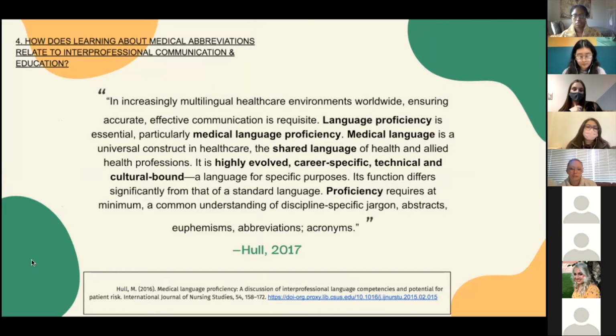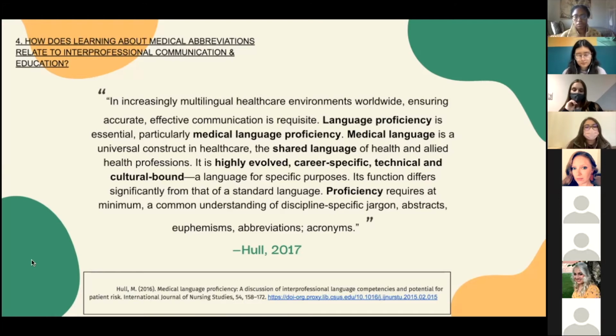Medical language is a universal construct in healthcare, the shared language of health and allied health professionals. It is highly evolved, career-specific, technical, and culturally bound. A language for specific purposes, its function differs significantly from that of a standard language.